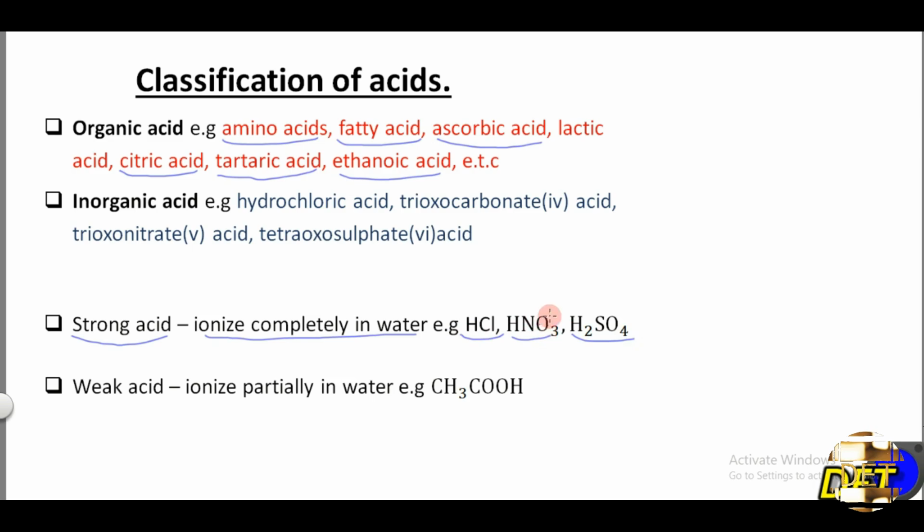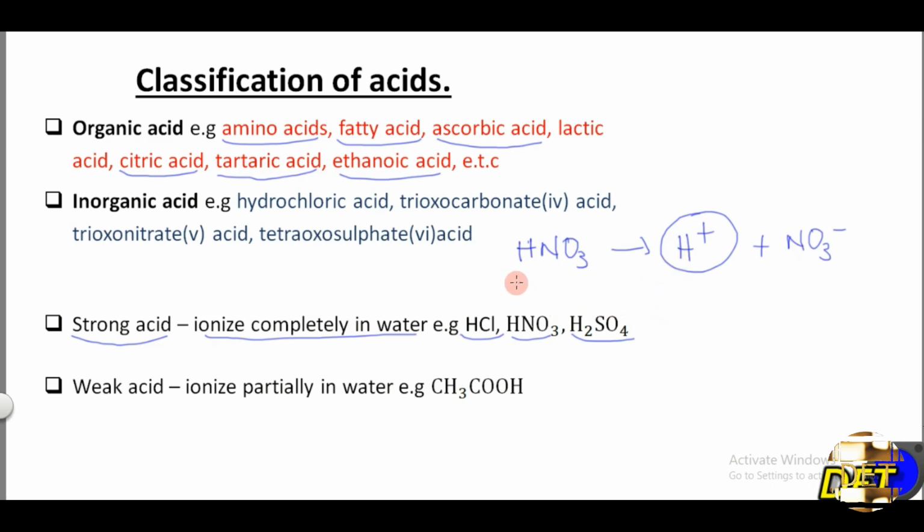They are strong acids. So let's say trioxonitrate ionizes. It ionizes to liberate the hydrogen completely. So there is complete liberation of the hydrogen ion plus what? Trioxonitrate ion. So this is a strong acid because it ionizes completely. The hydrogen ion constituent of it is separated completely, right?